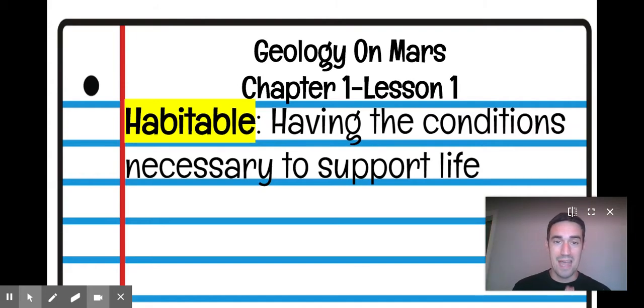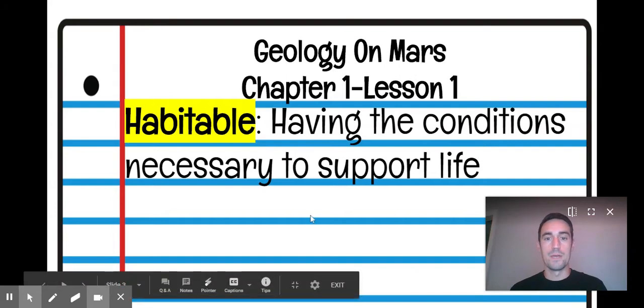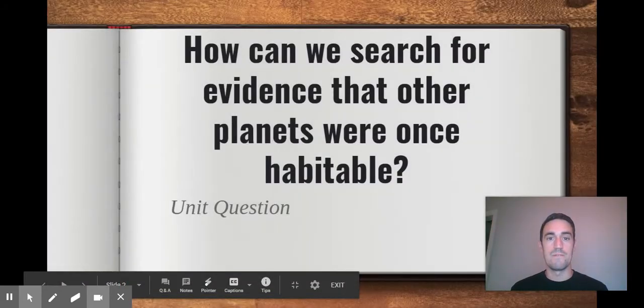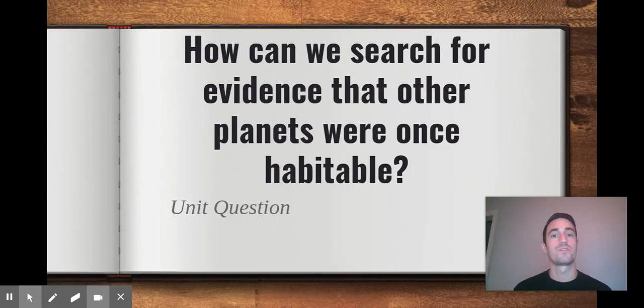But when you see this word habitable, which you're going to see a lot, it means that it's able to support life. Earth is, as far as we know, the one habitable place in our solar system that we've found so far. So our big question is going to be, can other places support life? And how can we actually search for that information or for that evidence that those places were once habitable?